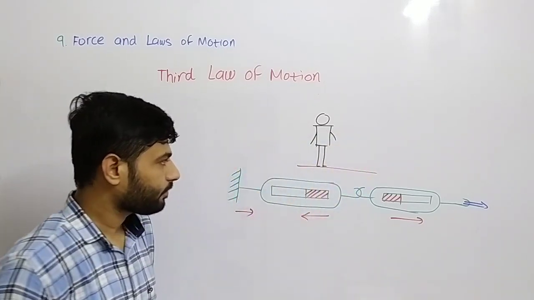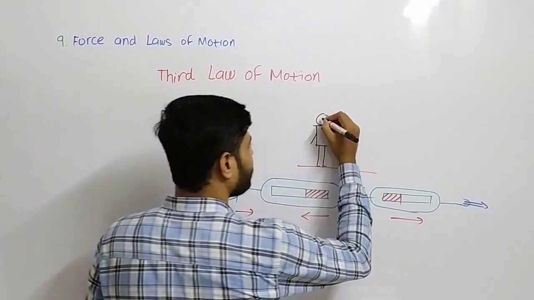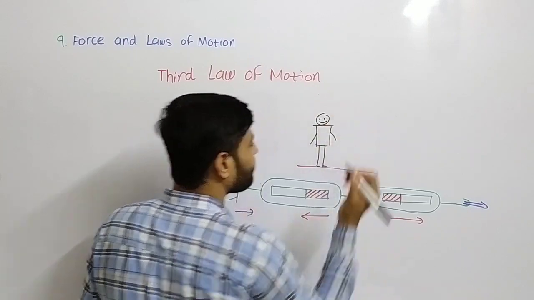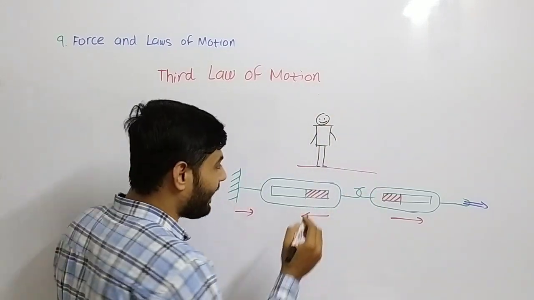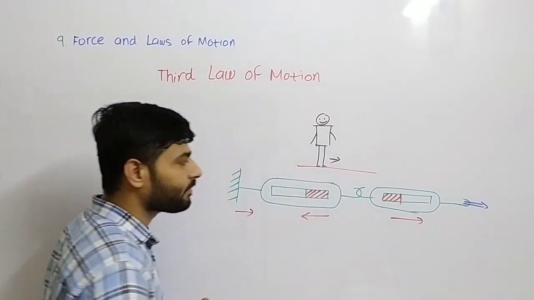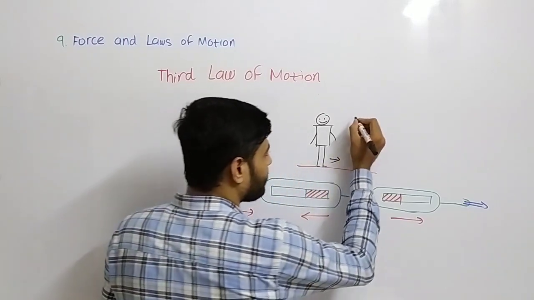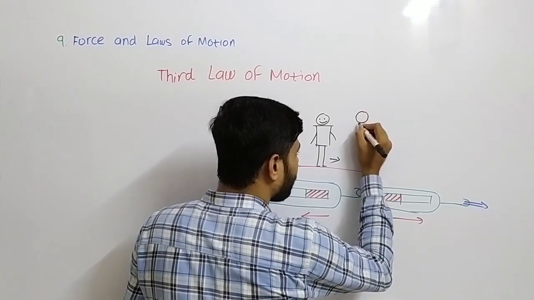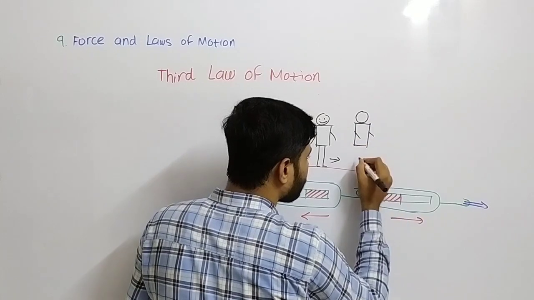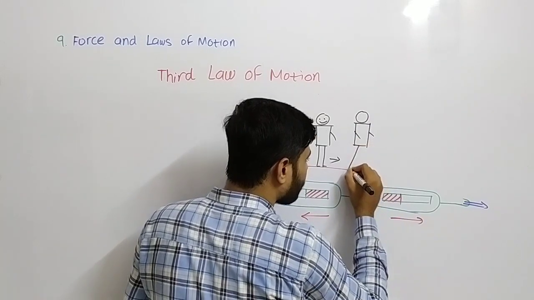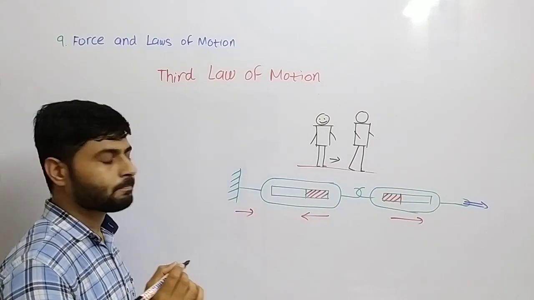Consider this figure. I am standing here with a happy face, and now I want to move ahead in this direction. What do I need to do? I will look like this now, something like this.